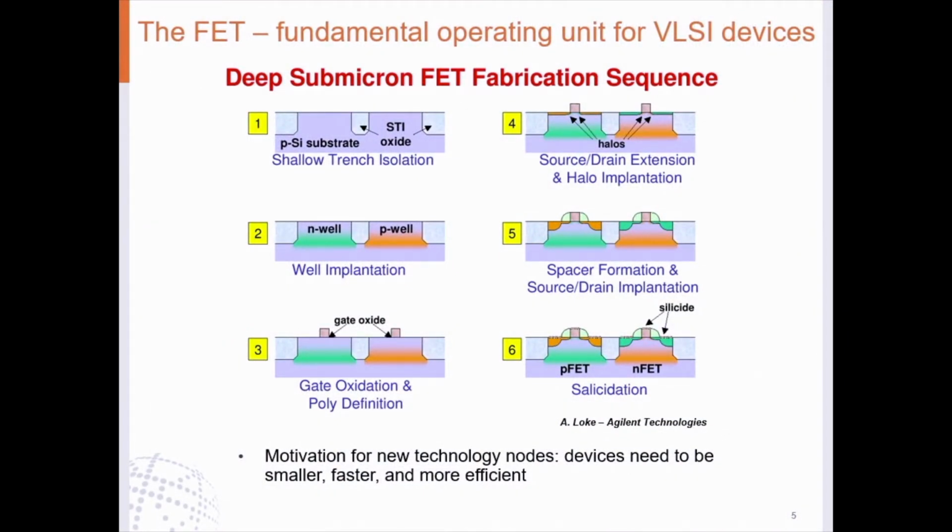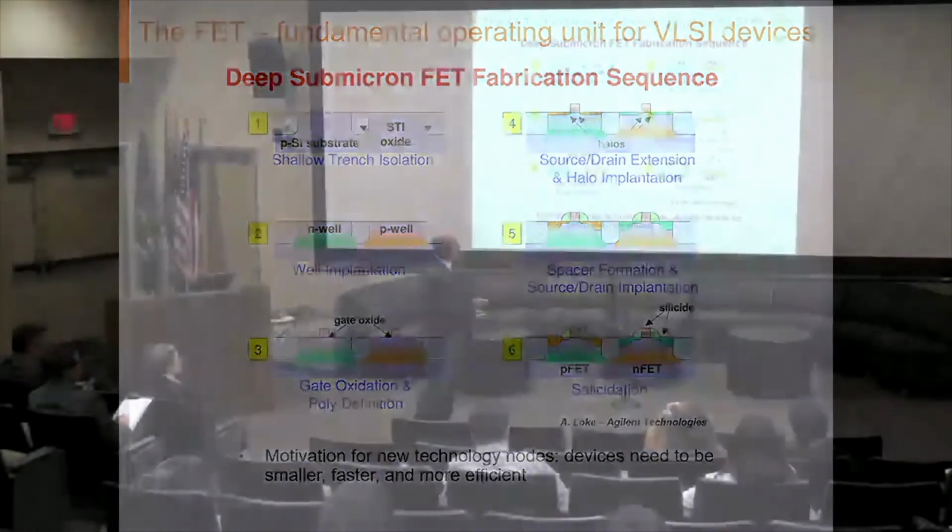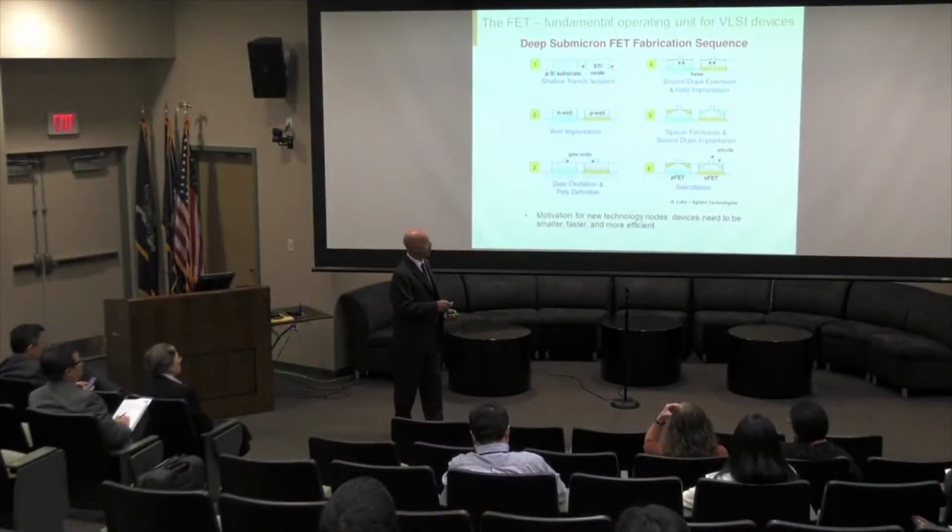Because ultimately, in the finished device, in this case of an N-channel device, we're going to have P-type silicon here in the middle and N-type out here. And what we're going to do is we're going to put a charge in it and invert that area in the middle. Okay, so it all becomes N-type. Okay, so we've got basically this area electrically connected to this area by placing a charge on this, what's called the gate.